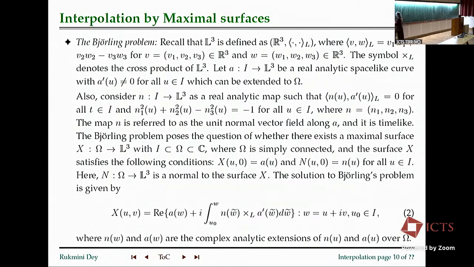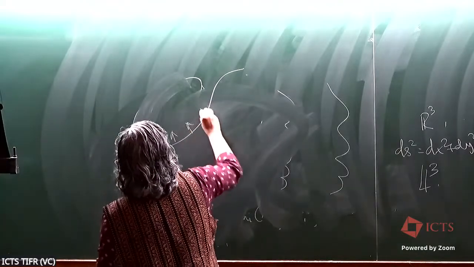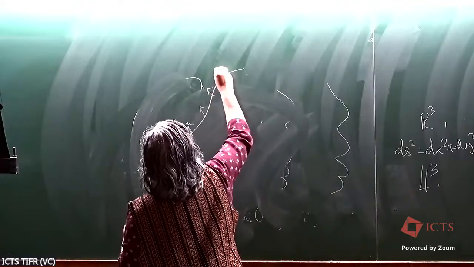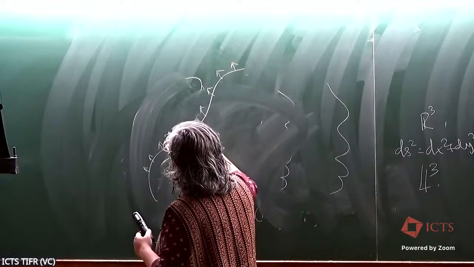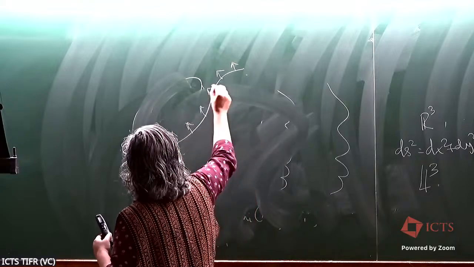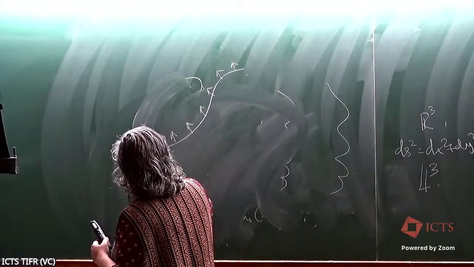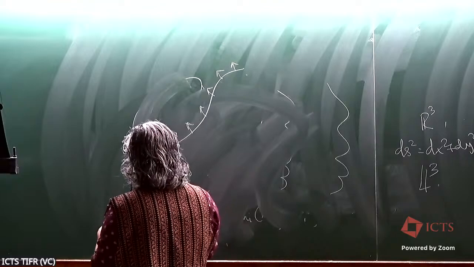So you have a real analytic curve, and you have a real analytic distribution for the normal, the candidate for the normal to the surface. The curve is supposed to lie on a surface, and this n, this normal field, is supposed to be normal to the surface along the curve. Okay, these two conditions are given.